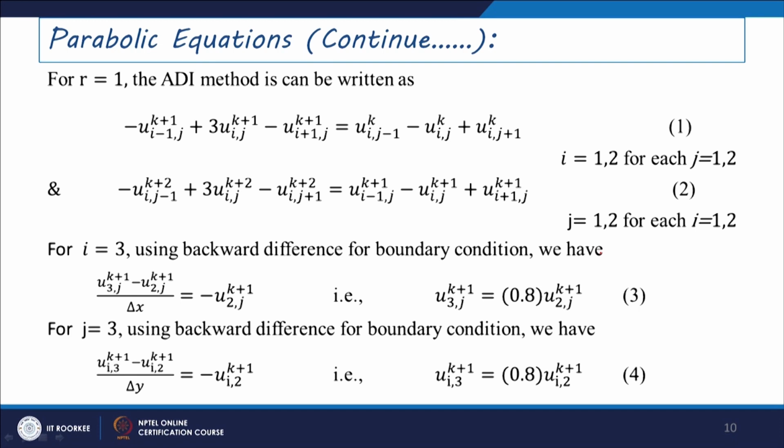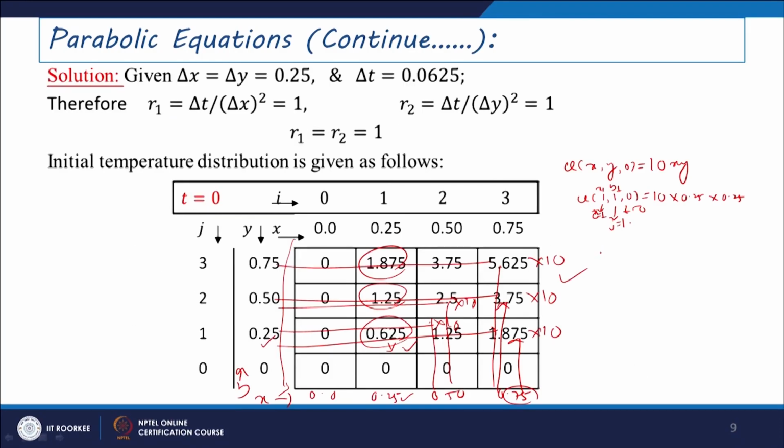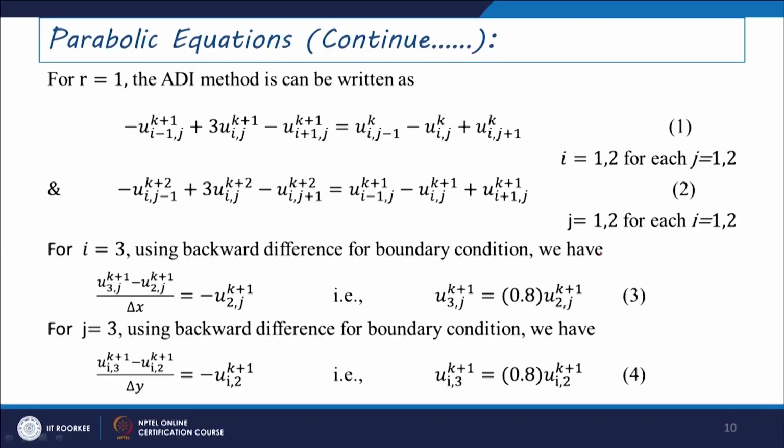Since r is 1 as considered here, r2 equals r1 equals 1, where r1 is del t by del x square and r2 is del t by del y square. So both these values are considered as 1 here, and we put r1 equals 1 and r2 equals 1.